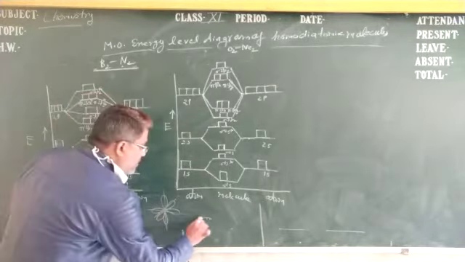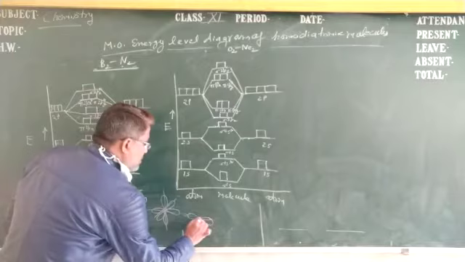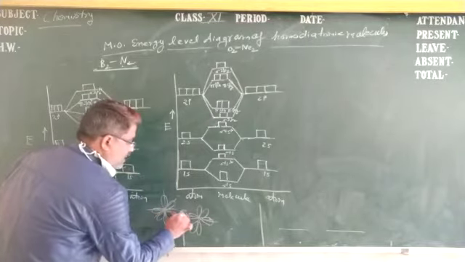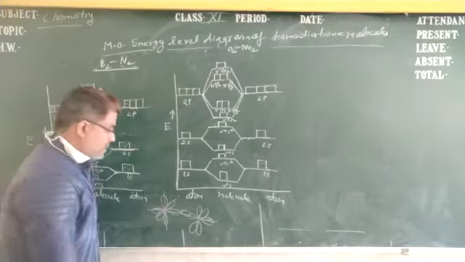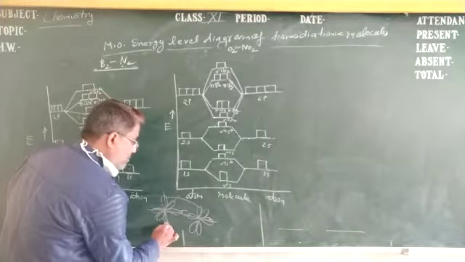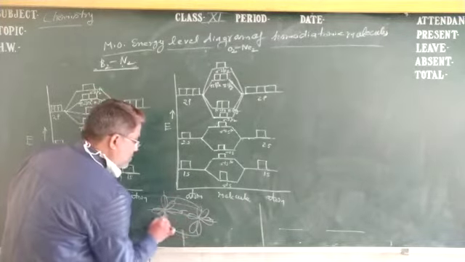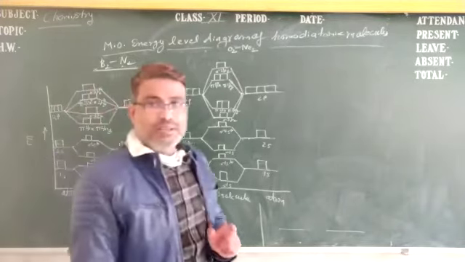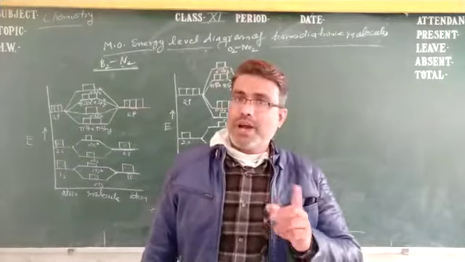When there is overlapping, you can see that one sigma bond is formed, and two pi bonds are formed. So actually we have 2 groups here, sigma MOs and pi MOs.